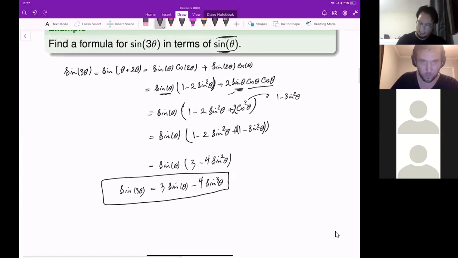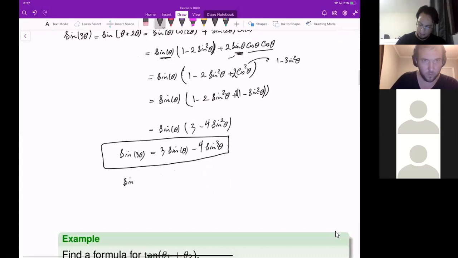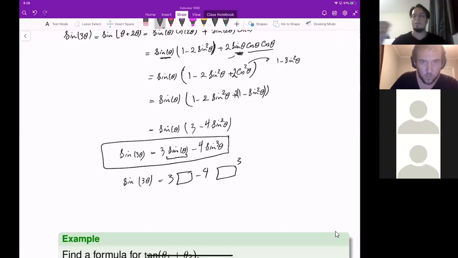If someone tells me what sine theta is, I can just plug it in here, write 3 times that number minus 4 times that number to the power 3. So I was able to find the value of sine 3 theta in terms of sine theta.